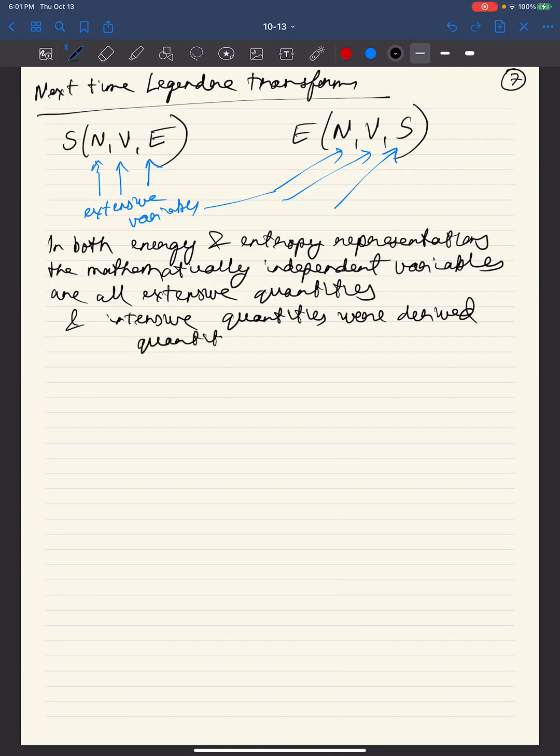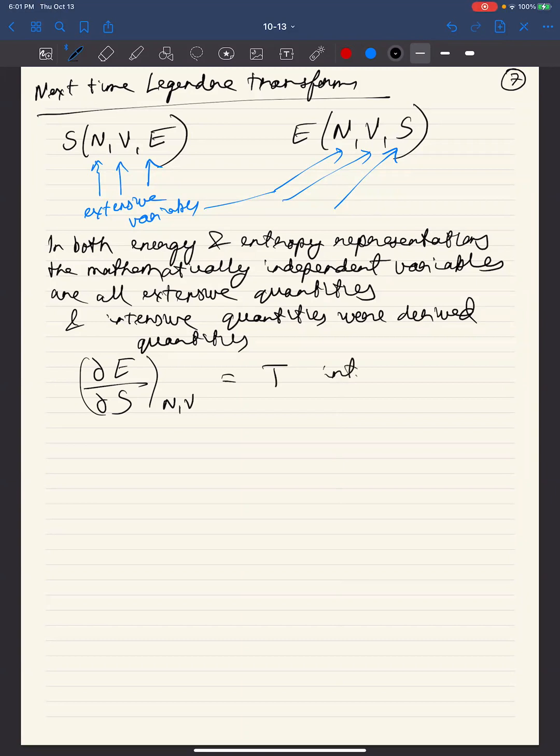So if we could write this down in terms of extensive things, and then we calculate partial S, or let's look at the E one, if we calculate partial E over partial S at constant N, V, we got temperature, right?